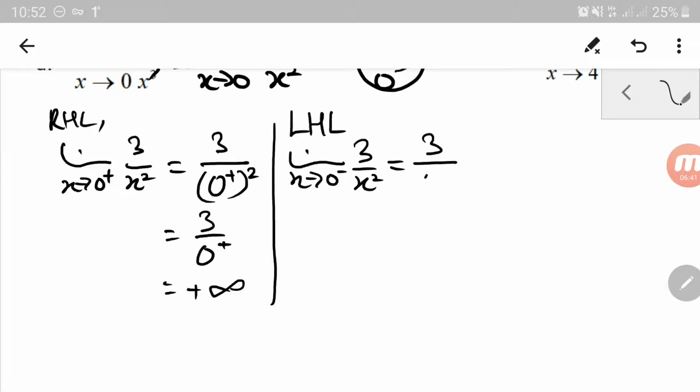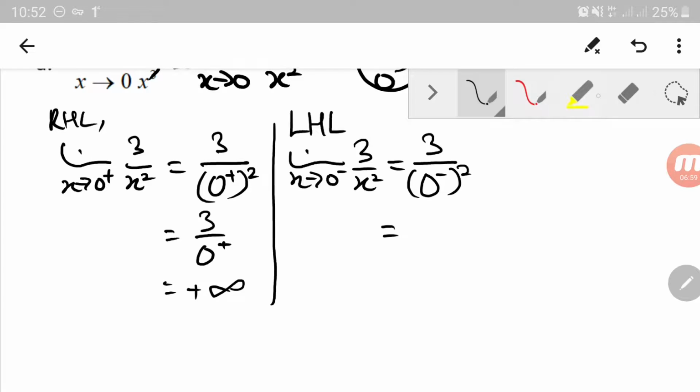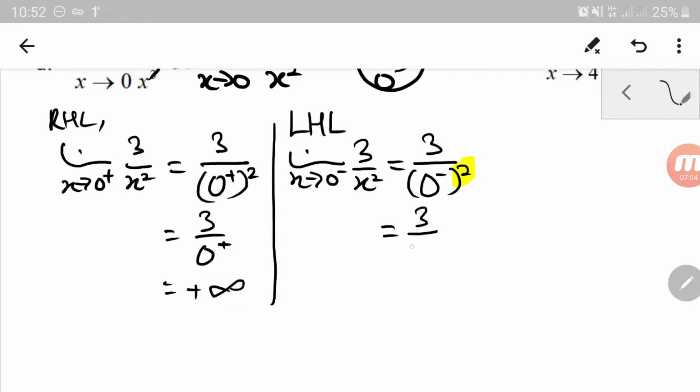So we substitute 0 from the left, squared. 0 from the left is numbers on the left hand side of 0, which are smaller than 0. So they are negative numbers, but we are taking the square of those numbers, so we end up with positive numbers, 0 from the right. So we still get positive infinity.